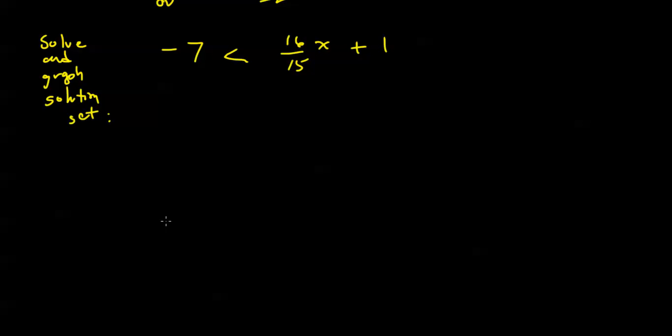Alright, I'm going to take an attack, much like I would with an equation. I see fractional coefficients. No, I don't want to deal with these fractions, so I'm going to multiply both sides by positive 15.